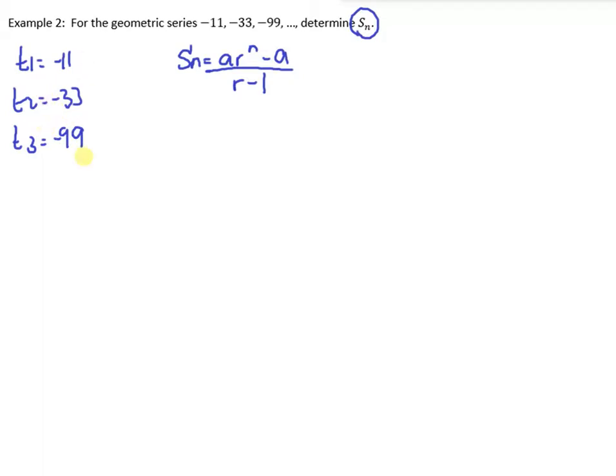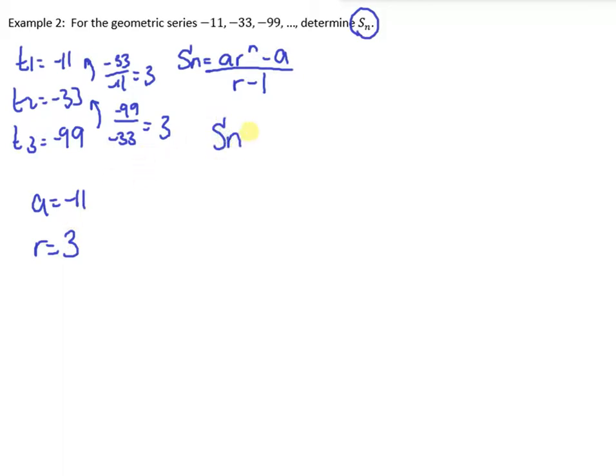A, we know, is negative 11. And then for the ratio, we want to divide. Negative 99 divided by negative 33 is 3. Divide again, negative 33 divided by negative 11 is 3. So every single time, these are increasing by a factor of 3.